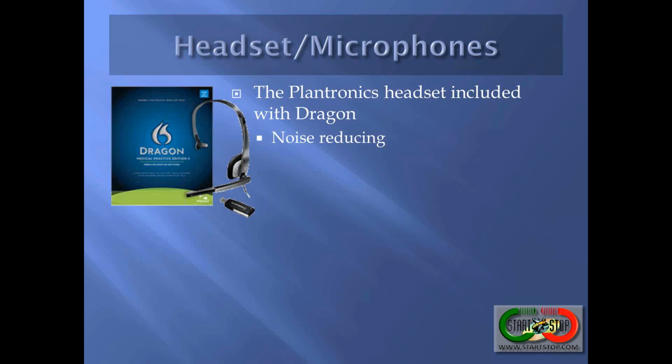So all of our microphones are noise canceling. That's just going to be the first thing we're going to see on all of them, so I won't even need to repeat that.